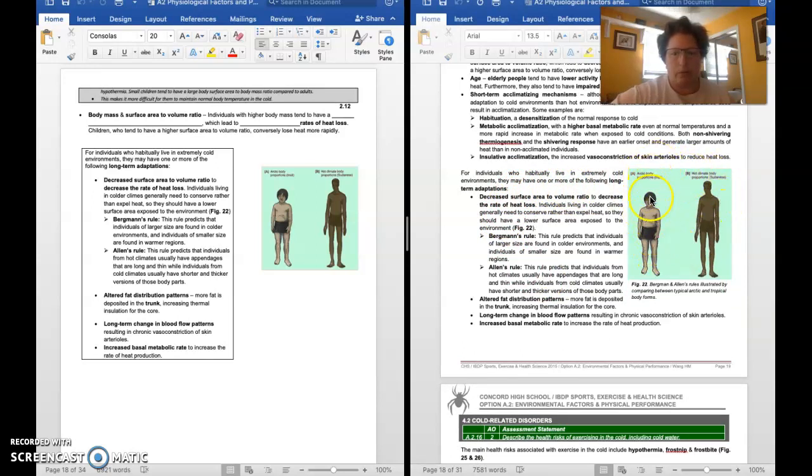So over here, this would be someone who lives in the Arctic versus someone who lives in sub-Saharan Africa, the hot climate. You notice they're very long and lean, and here we have more mass around the midsection. All right, so this is what's called Bergmann's rule and Allen's rule.